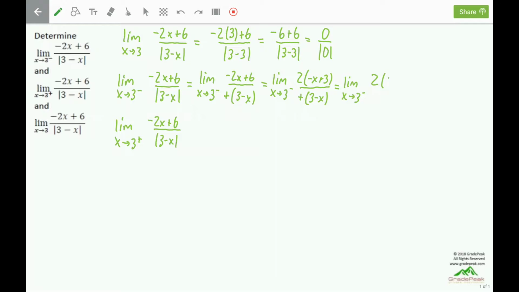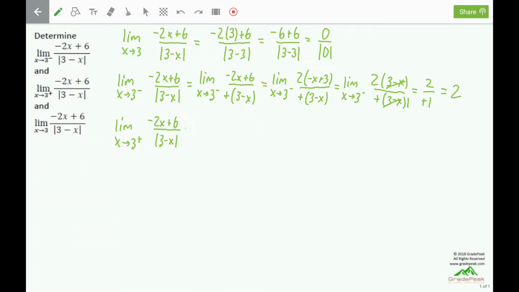That'll give us 2 times 3 minus x over a positive 3 minus x. The 3 minus x's can cancel, leaving a 1 in the denominator. So we'll have 2 over a positive 1, which will give us a 2.